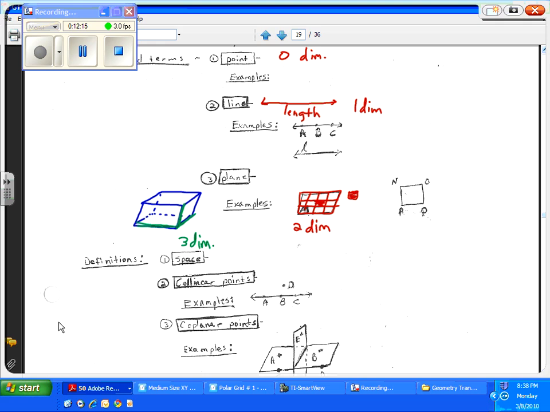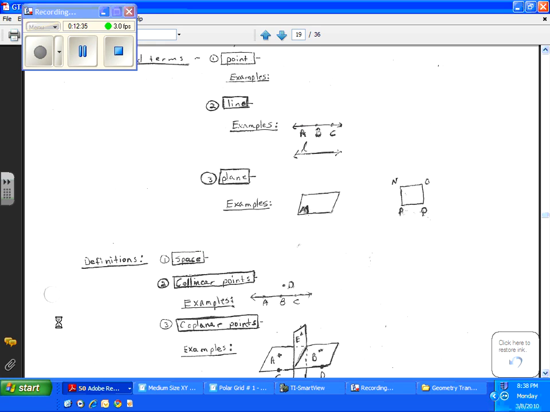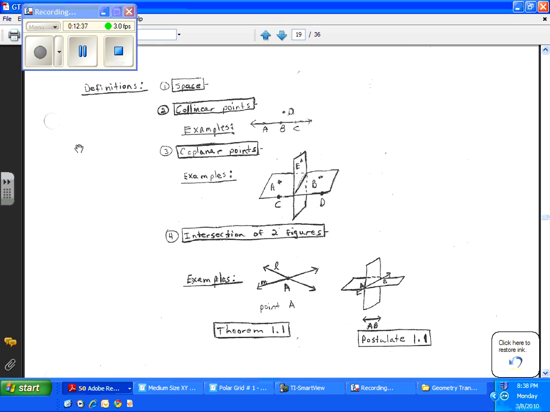So space kind of gets us to thinking three dimensions. Plane has us thinking two dimensions. Line has us thinking one dimension, and a point has us thinking of no dimensions at all. That's going to become important later as we make other definitions and things to come.